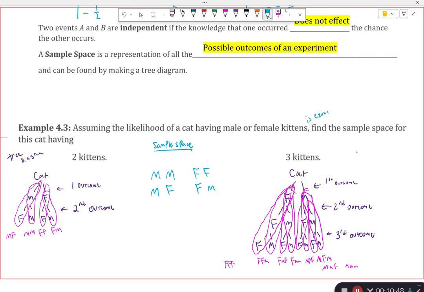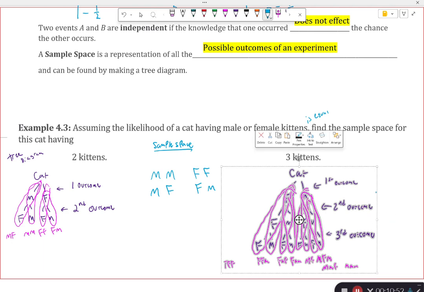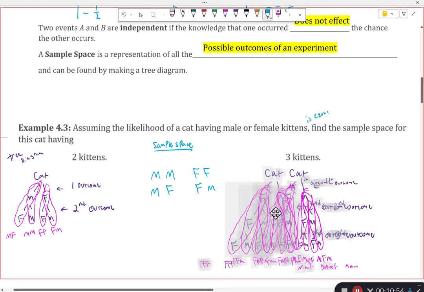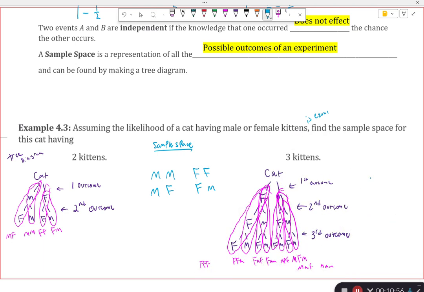Next to it, let me just slide this over a little bit. Next to it, we could have the sample space. Again, the sample space is just where we list out all of the possible options. Let me make this nice and neat. Female, female, female.